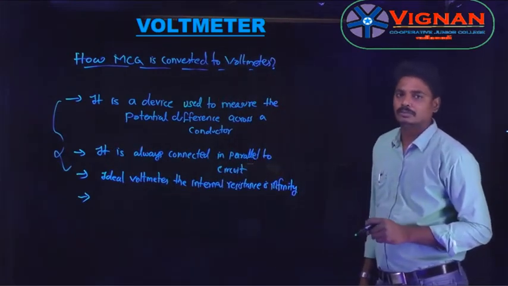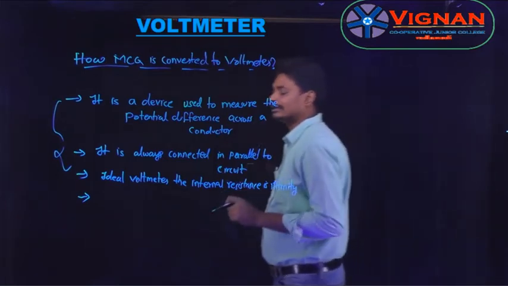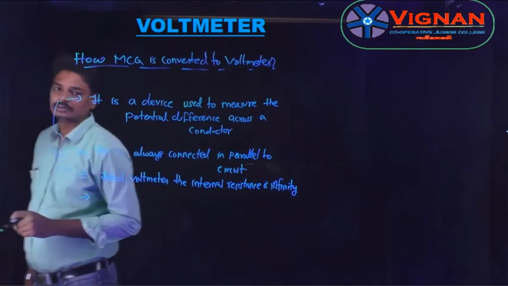Now, how can we convert the moving coil galvanometer into a voltmeter?